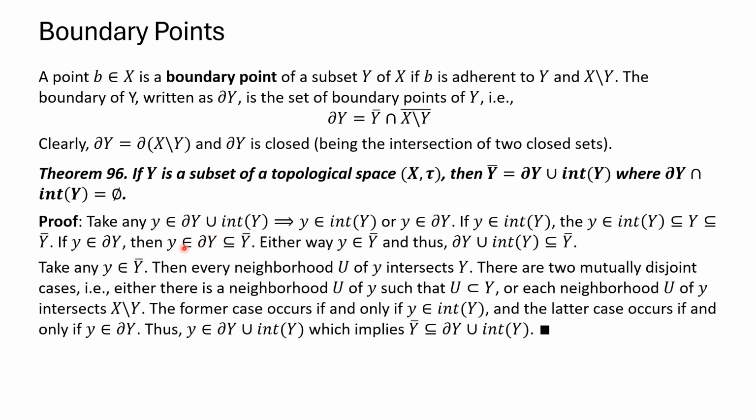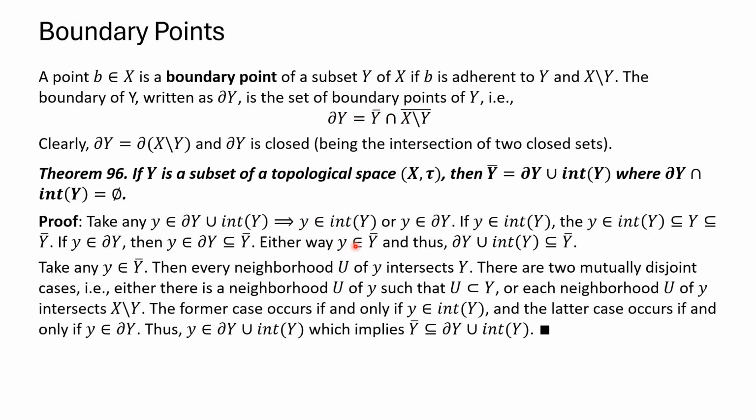And then if we have the other case where y is in the boundary, then little y is in the closure of Y, since the boundary of Y is a subset of the closure, right? It's in the intersection here, so it would have to be inside of both of these sets.